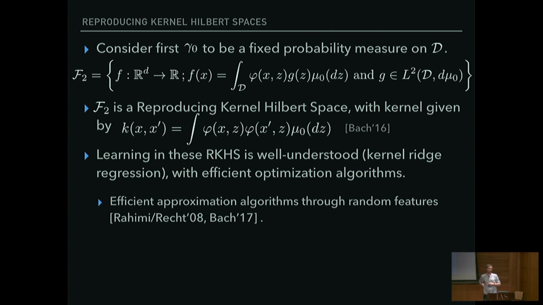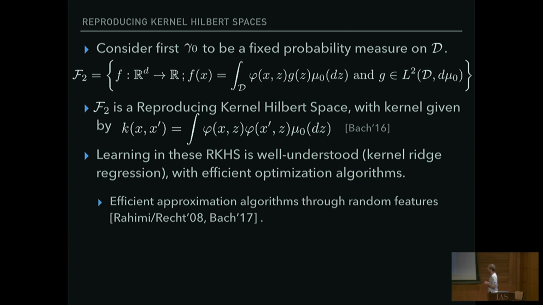Okay, so if I put a fixed distribution, I have a corresponding kernel, which is basically just averaging my neurons against this probability distribution. And this is an interesting object. Why? Because we can understand many things. The Hilbert structure is nice, so we understand very well how to find functions in that space. This is classic kernel ridge regression.